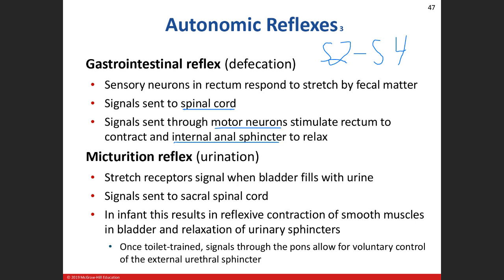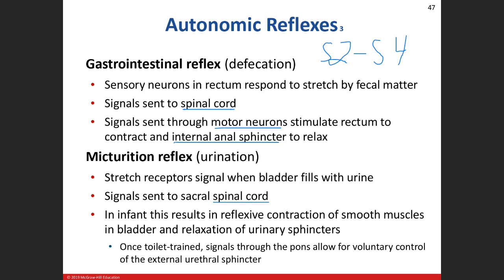As the bladder starts to increase volume with urine, it causes a stretch. That's our stimulus. That stretch is going to stimulate those baroreceptors that are going to send information to the spinal cord again. Then that spinal cord will send via the motor neurons back down to the smooth muscles in the wall of the bladder to start to contract.